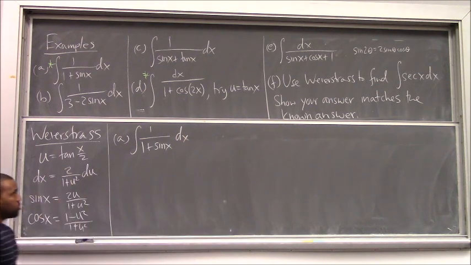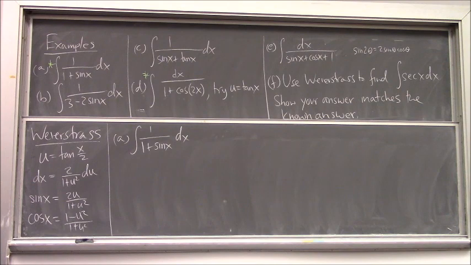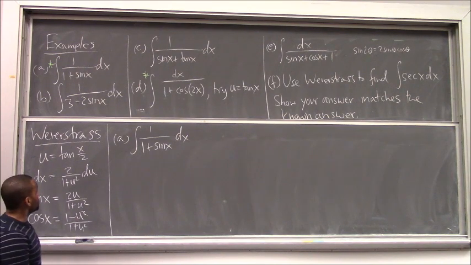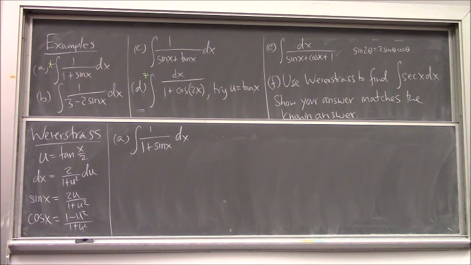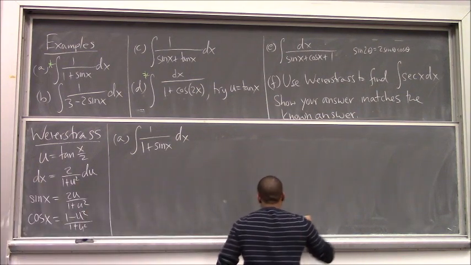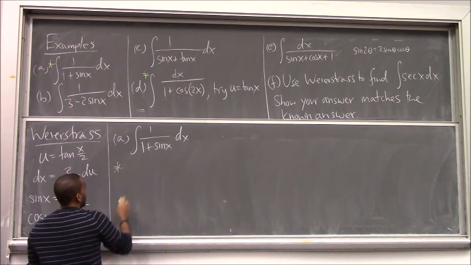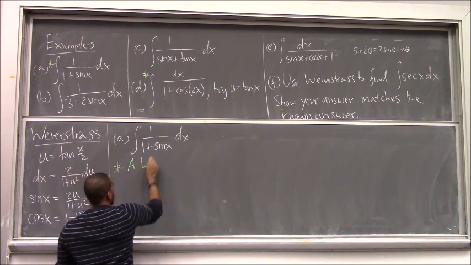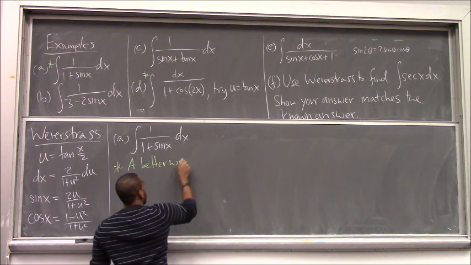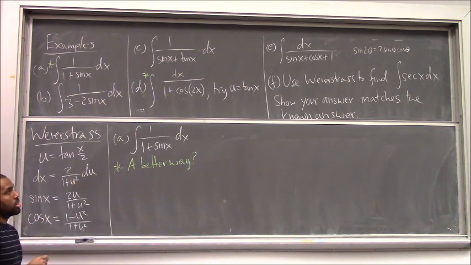Now we're going to do this via a Weierstrass substitution, but it's starred because there's probably a better way to approach it. Any ideas for a different way? Then we'll go through the Weierstrass substitution. A better way than Weierstrass: multiply by 1 minus sine x over 1 minus sine x.